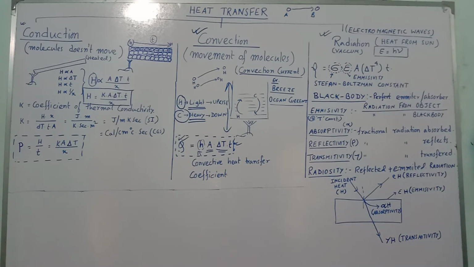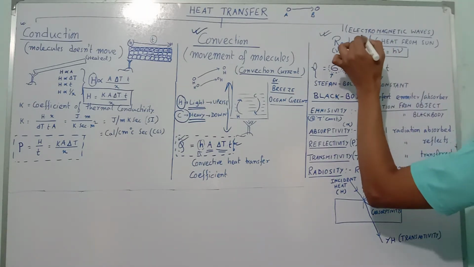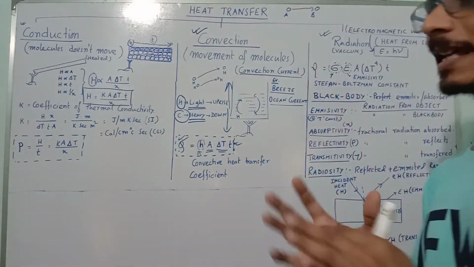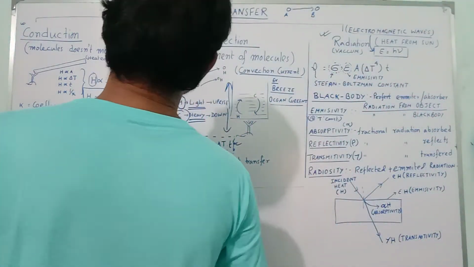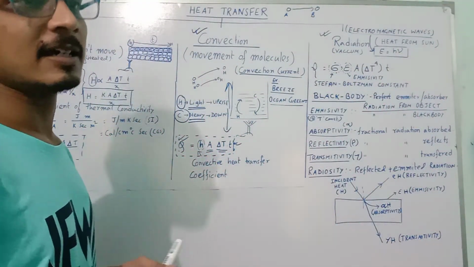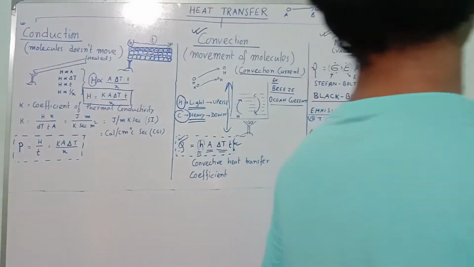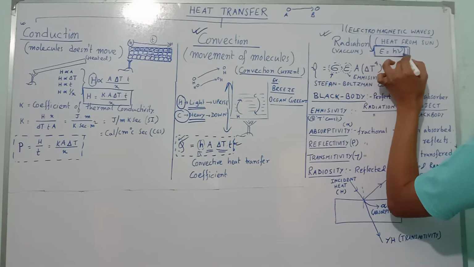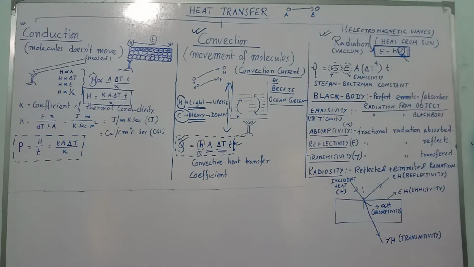In an electromagnetic wave, we know that energy is transferred as a packet, and that amount of energy is a fixed quantity given by some constant H into nu. Nu is the frequency of the light radiated. So E is equal to H nu.